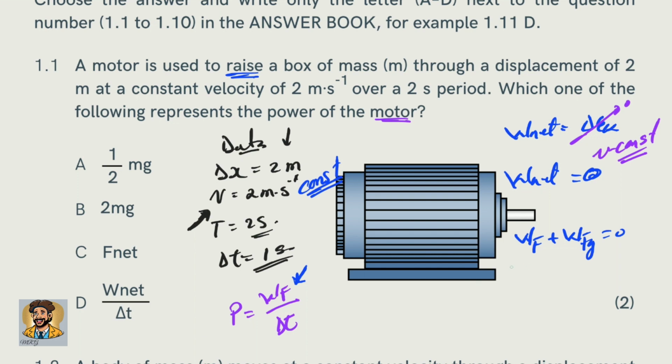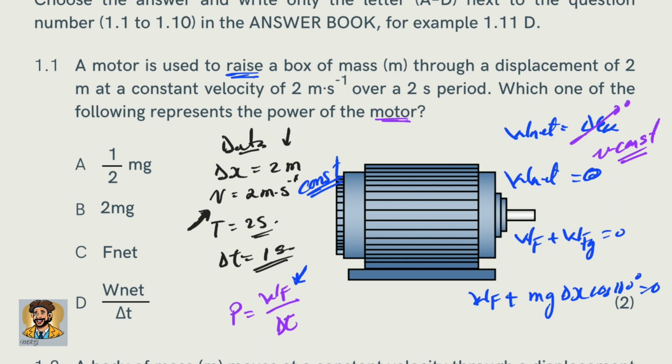We can substitute the formula for the work done by those two forces. The work done by the force, plus mg displacement multiplied by the cosine of 180 degrees, because the object is being raised up and the gravitational force is pointing down.